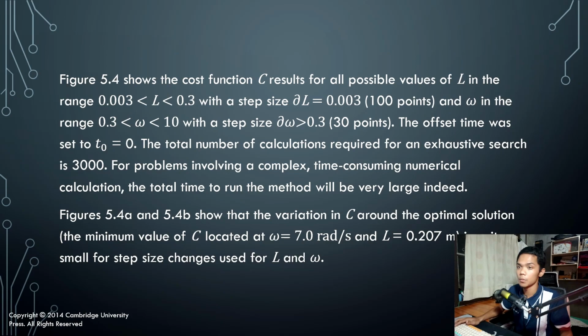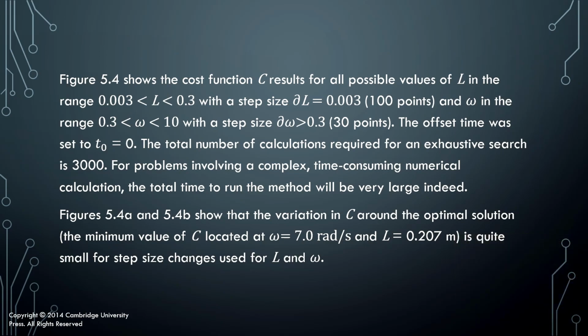The offset time was set to t sub 0 equal to 0. The total number of calculations required for an exhaustive search is 3000. For problems involving complex, time-consuming numerical calculations, the total time to run the method will be very large indeed.